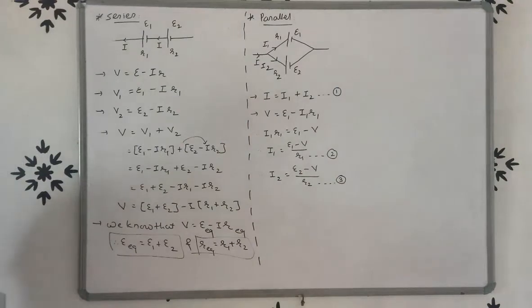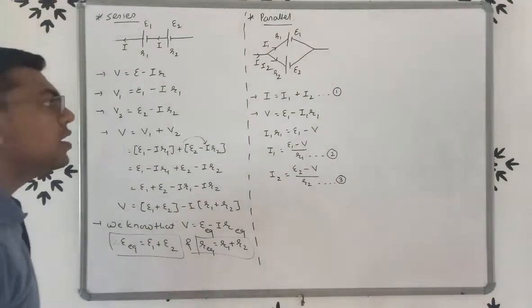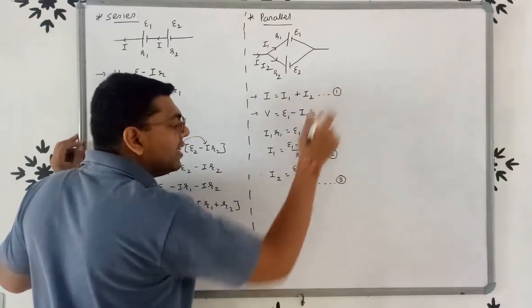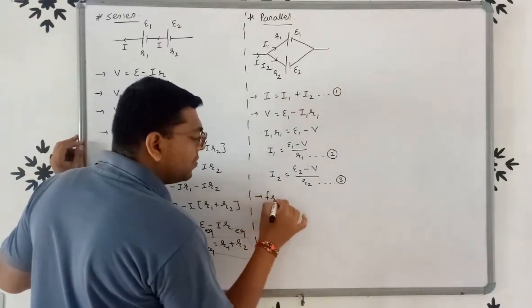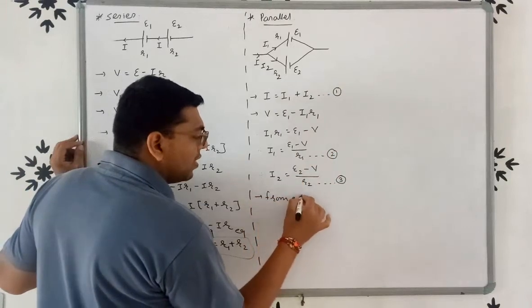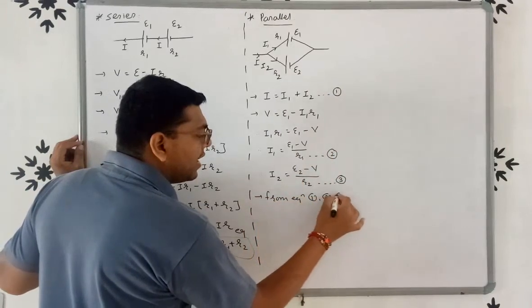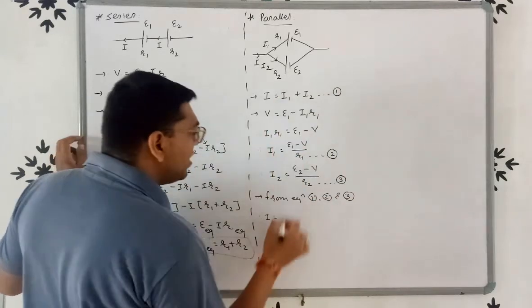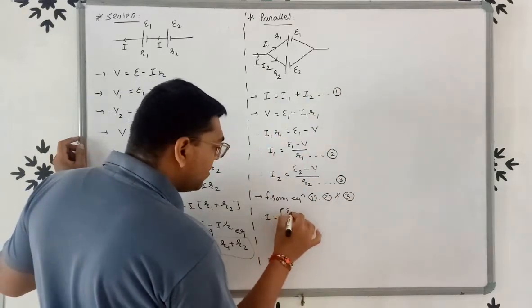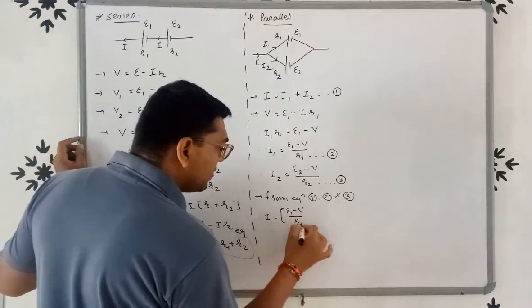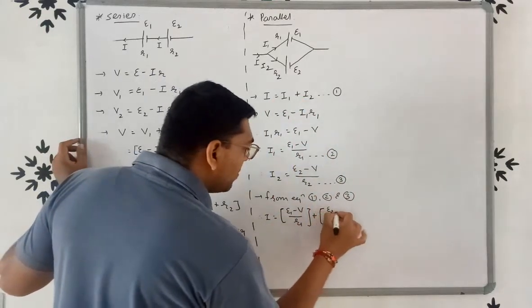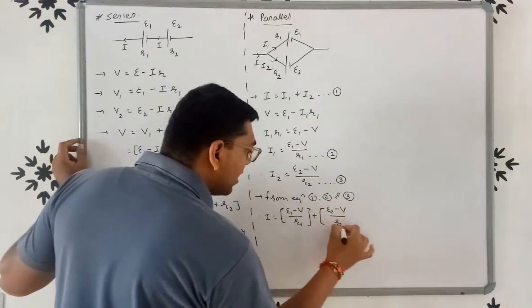So these are the values of I1 and I2. We put the values of equations 2 and 3 in equation 1. So from equations 1, 2 and 3, I is equal to the value of I1, E1 minus V upon R1, plus the value of I2, E2 minus V upon R2.